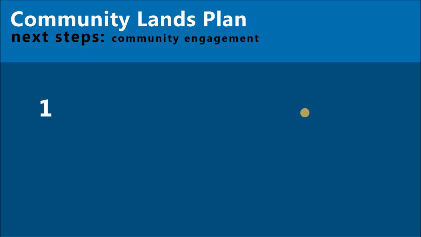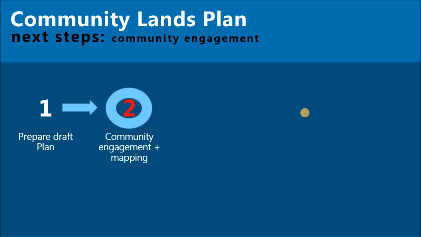So we're now talking about the community engagement part of the plan. We've prepared a draft, and now we are moving into engaging the community and developing mapping based on the participation and input of citizens. So that's what we're starting now. That will really create the core of the document.